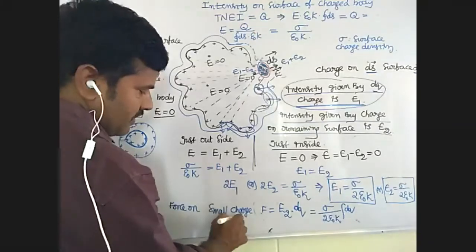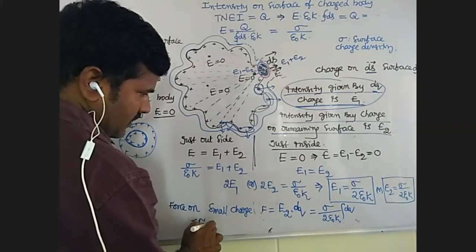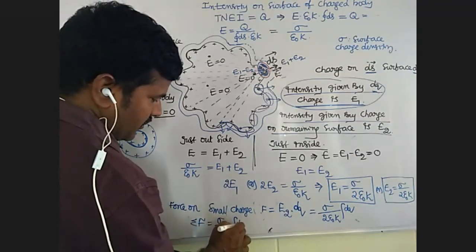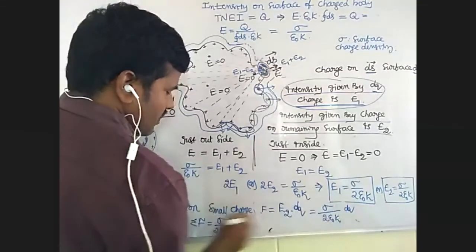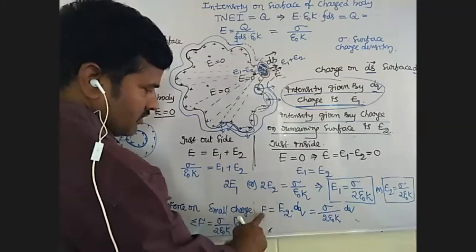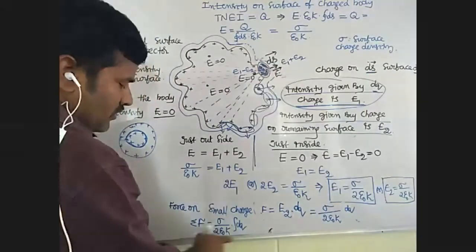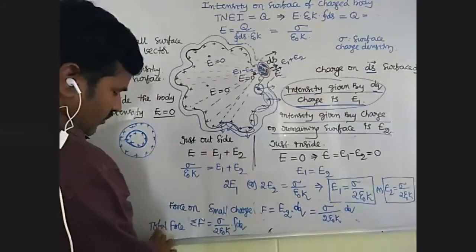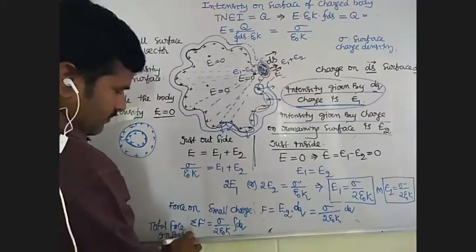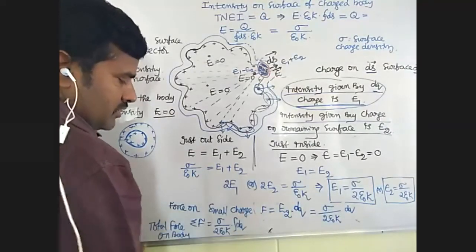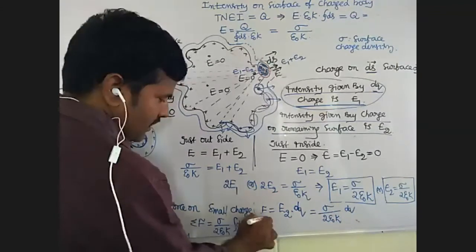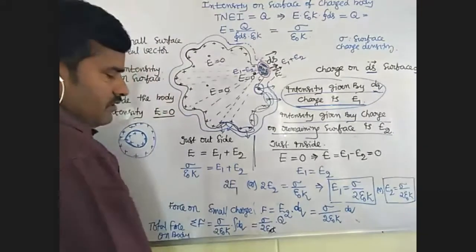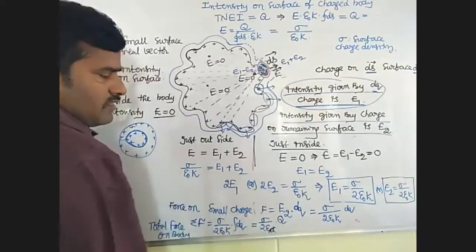Total force is sigma upon 2 epsilon naught k times the integration of dq, which is sigma upon 2 epsilon naught k into total charge Q. So this is the total force on the body.